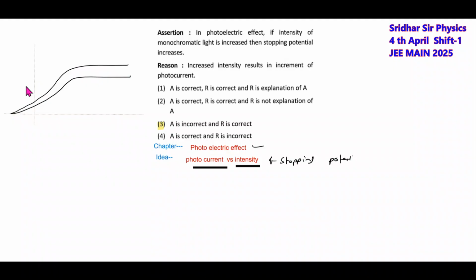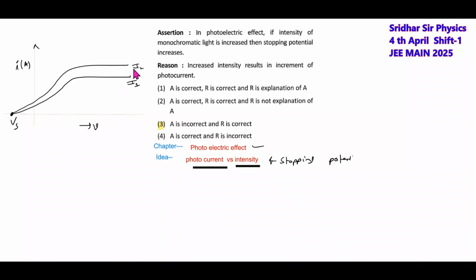And these are some curves I'm drawing. This will be the axis for current, this is the axis for voltage. These are for intensities I1, I2. This is the stopping potential. Stopping potential depends on the frequency.